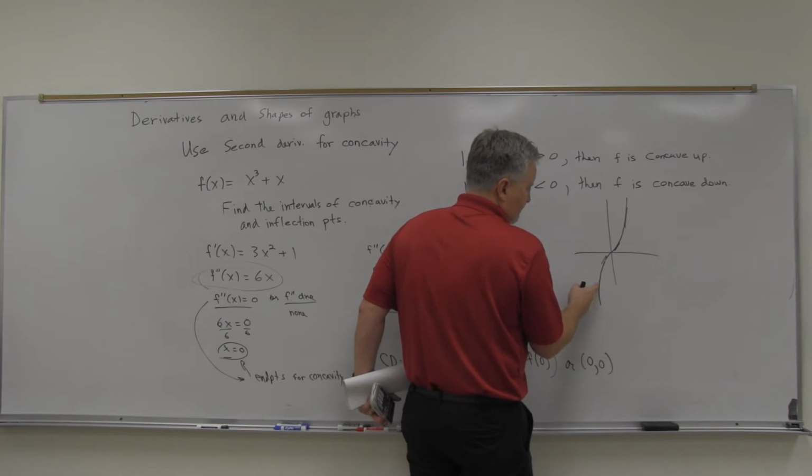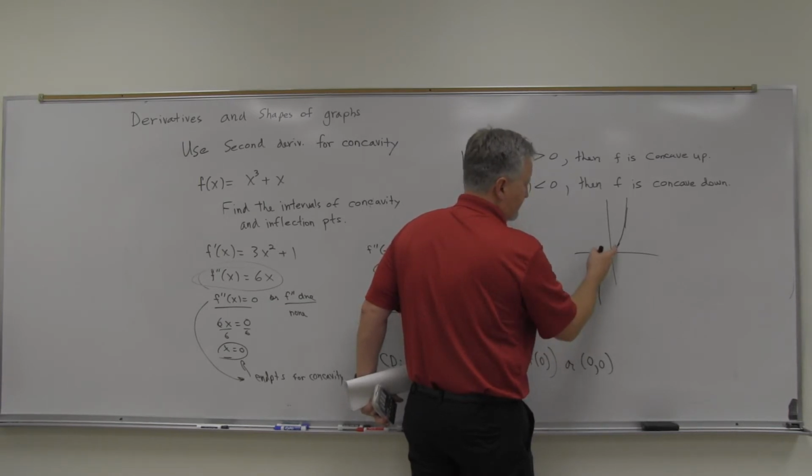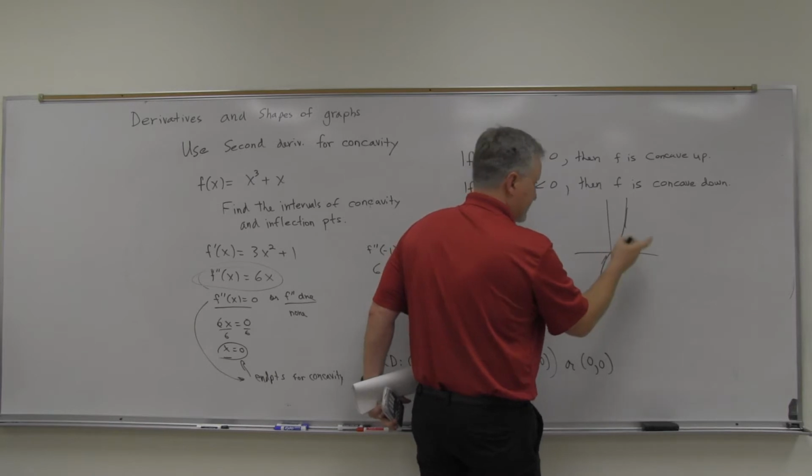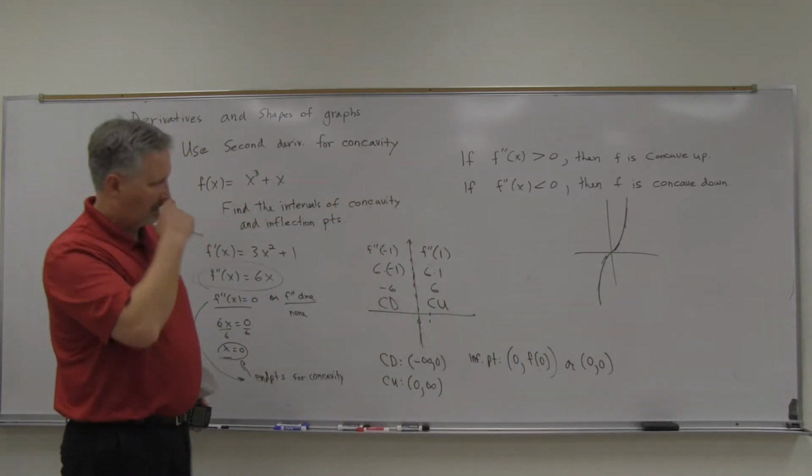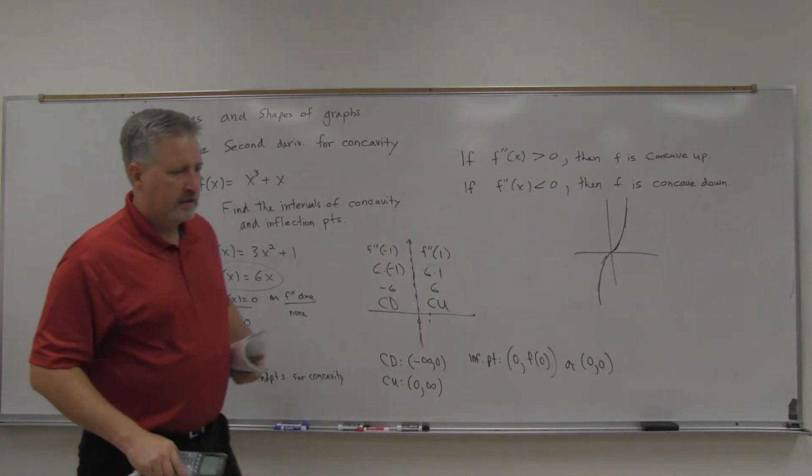So the graph is above the tangent lines here, so that's concave up, and the graph is below them here, so that's concave down. Yeah, so an easy one to check. All right.